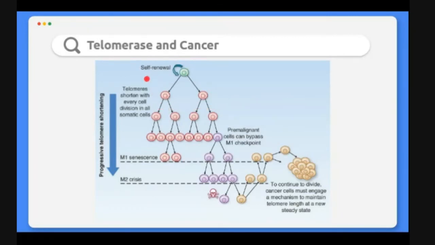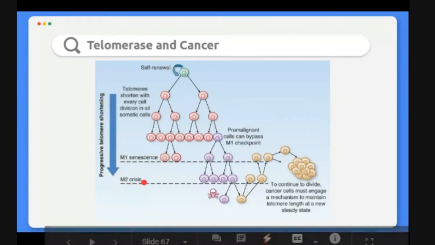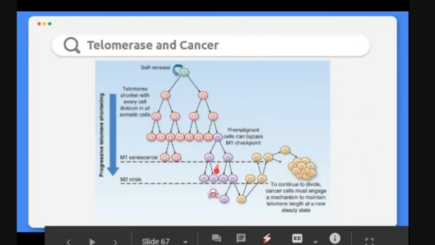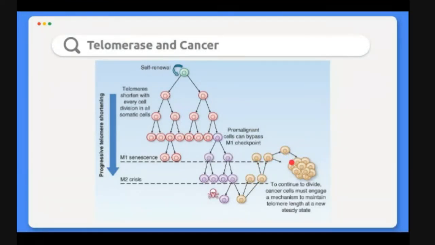So again, as your cells divide, your telomeres shorten. And there are checkpoints in your cell division, which we will discuss in depth in our future lecture. So, if your cells pass through these checkpoints, nakapass through sila na hindi sila na-check, pwede ka magkaroon ng cancer. So, unchecked cells ito. And now these cells, they continue to divide by using telomerase.